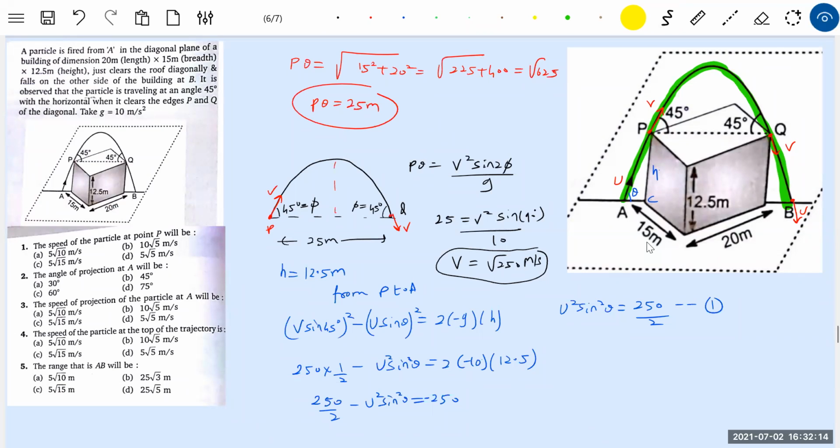Horizontal component of velocity should remain the same, no? U cos theta everywhere, it will remain U cos theta during the motion. So therefore, U cos theta should be equal to V cos 45.